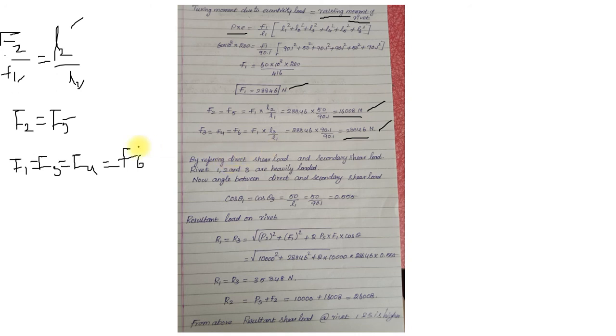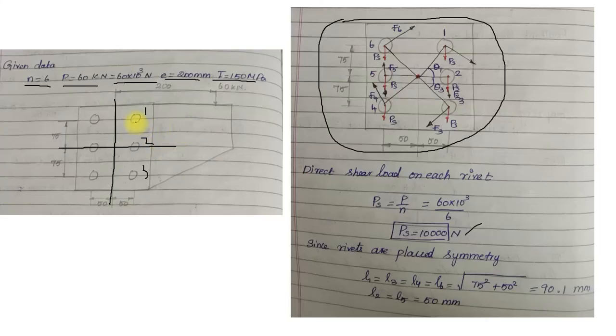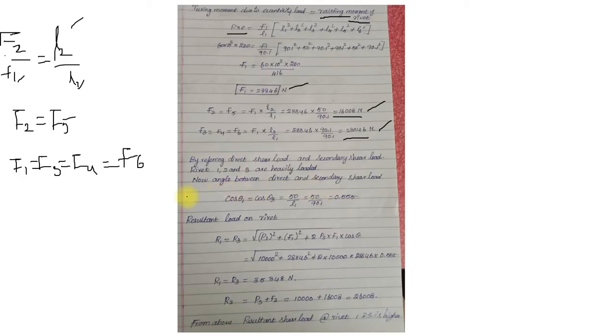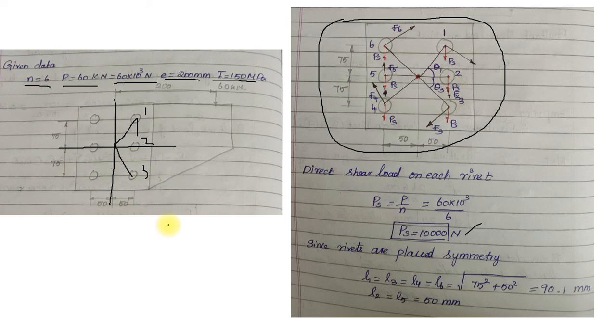Since the secondary shear loads of rivets 1 and 3 are at an inclined direction, I need to find out the theta value. Obviously, cos theta is equal to the distance divided by L1. I will draw it very clearly. Okay, this is how it will look.